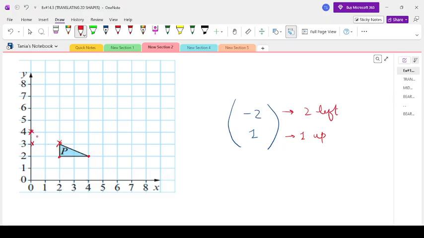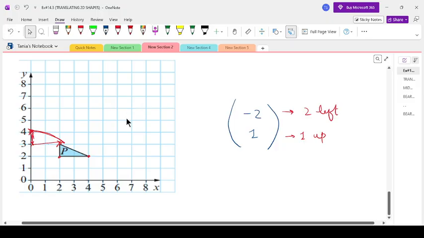So these must be the points 1, 2, and 3 that are translated from the original triangle P. So it will be like this. It is a translated shape.